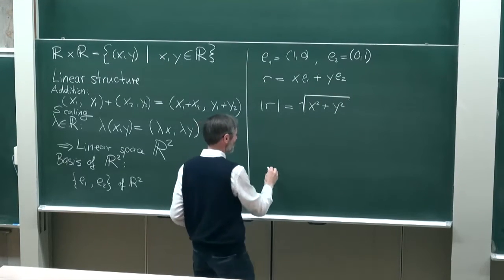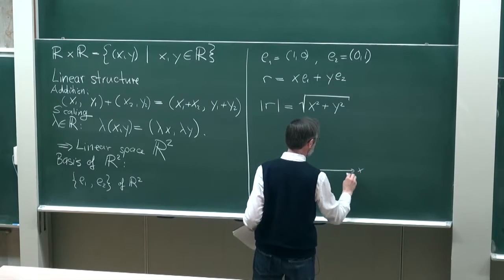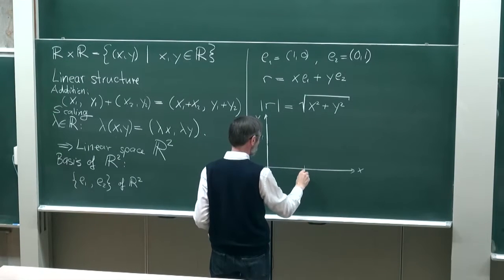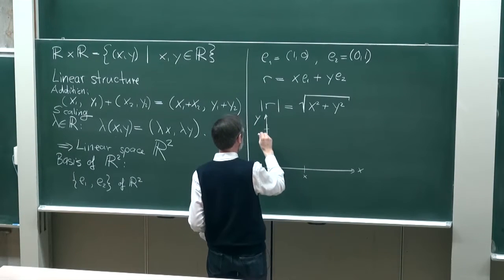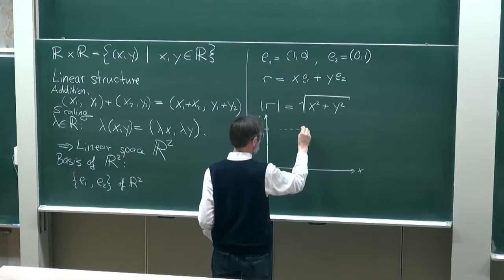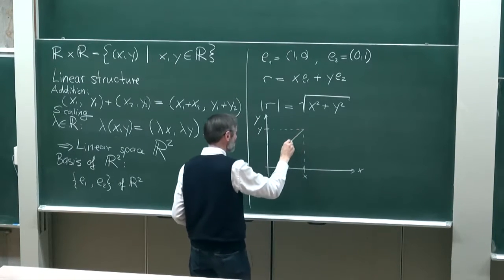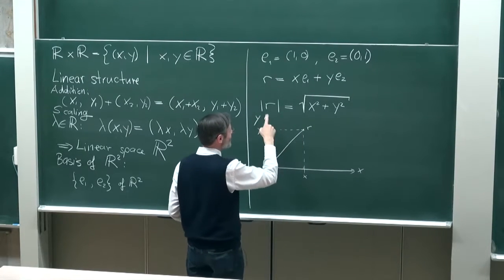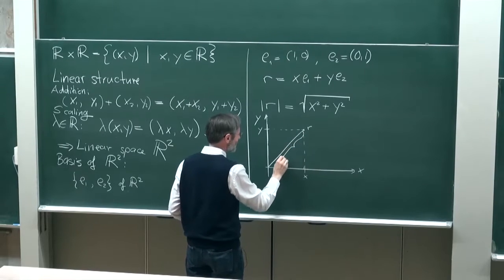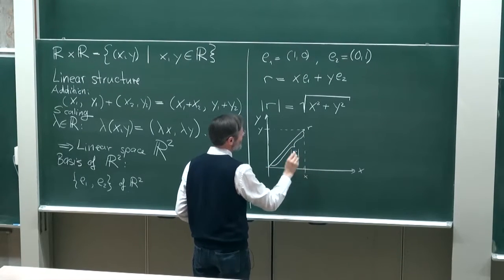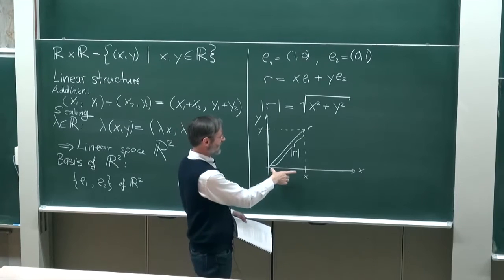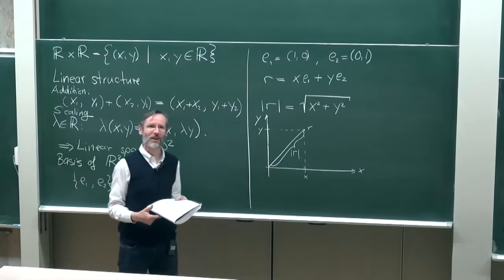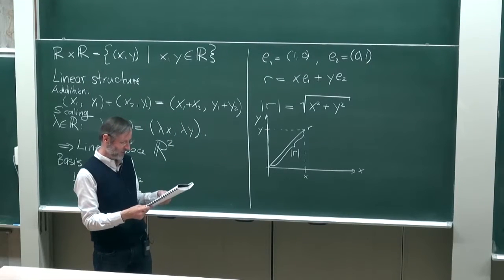That is, if you have here x and here y, and you take a particular value for x and for y, then the R is here, and this length here is exactly the length of R. It's x squared plus y squared, and takes the square root. That's the Pythagorean law which can be applied here.